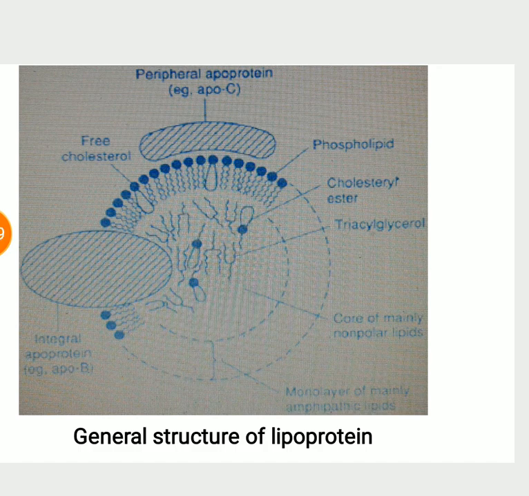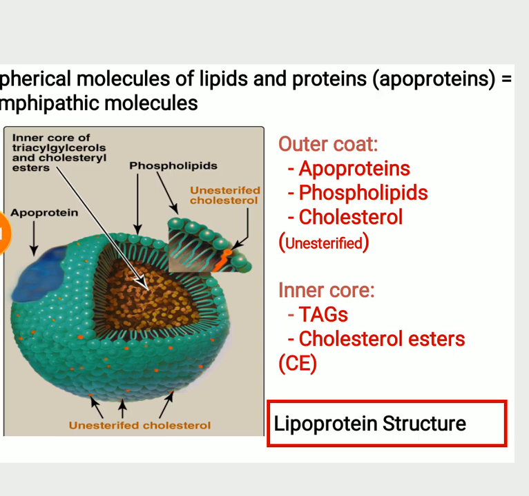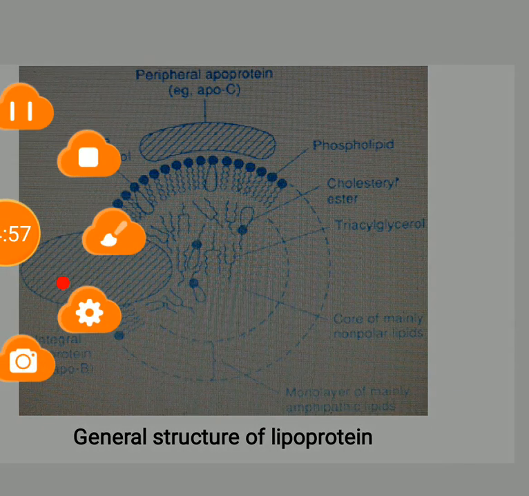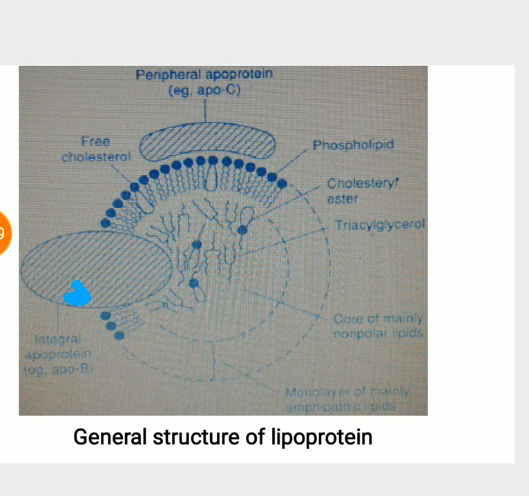So this is drawable, while this is not drawable. With this, you can draw it. What you see here is the integral apolipoprotein. It's the one that traverses inside, and then this is a peripheral one, lying outside, the way you can see.